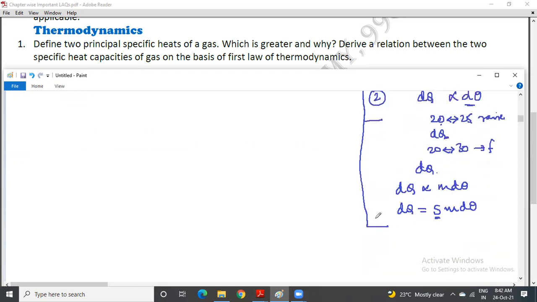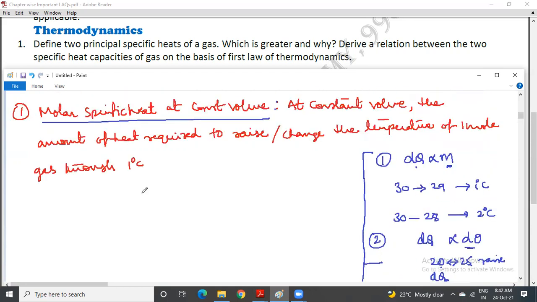Now, keeping that in mind, let me write the same equation once again here. dq is equal to S, m, d theta. Now this S has to be replaced here by Cv. M has to be replaced by 1 mole. D theta is the same. But you mentioned that it is 1 mole of gas. So dq is equal to 1 into Cv d theta.